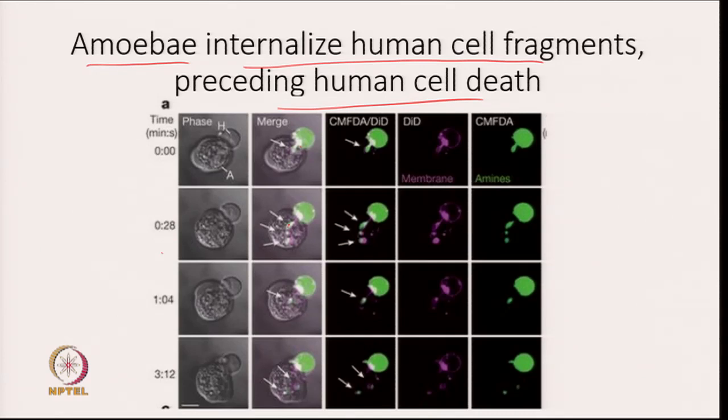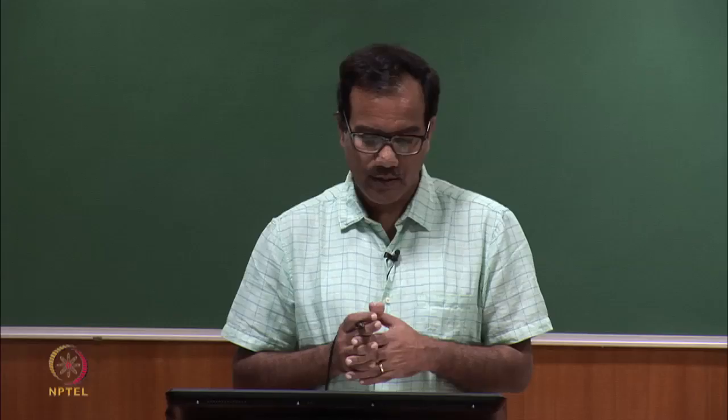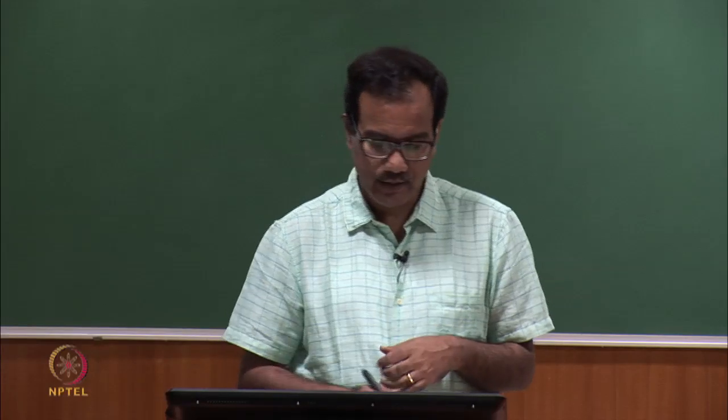Now you see here there is a leak, internalization, here you can see internalization, here you can see internalization, and that can be seen in a much better way using some other dyes. So, fluorescence microscopy can also be used to look at internalization of bacteria or virus inside a cell fragment.